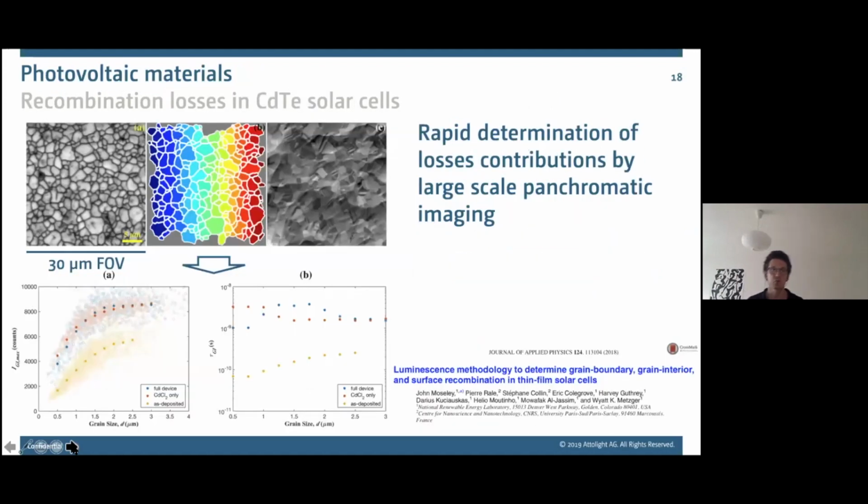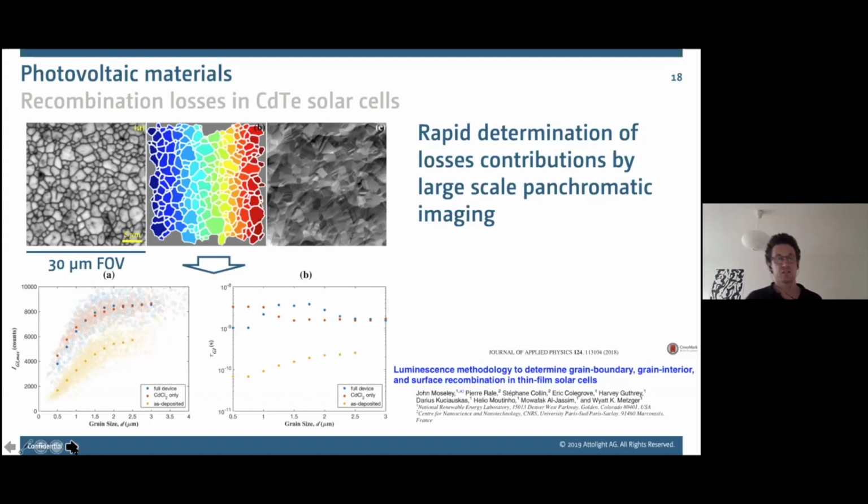Now on to more large-scale things. Radiative recombination losses in cadmium telluride solar cells. So remember, I was talking about being able to have consistent results on a large scale.